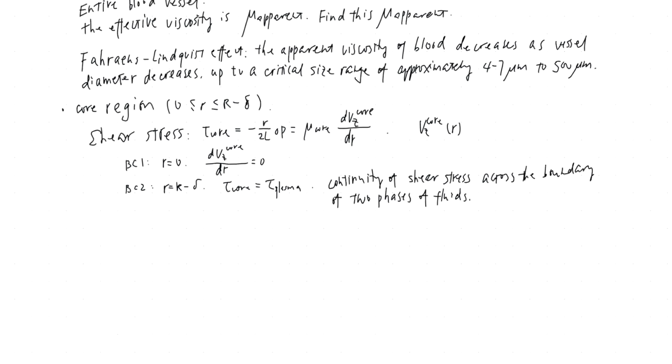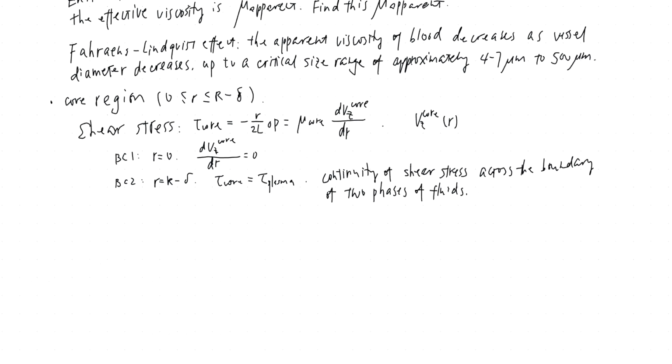Now let's do the same thing for the plasma layer. This is from R minus delta to capital R, and then we can still find the shear stress. You may find it intimidating to think about a plasma layer because it's not at the center, and it's not close to the wall, so what's the shear stress?